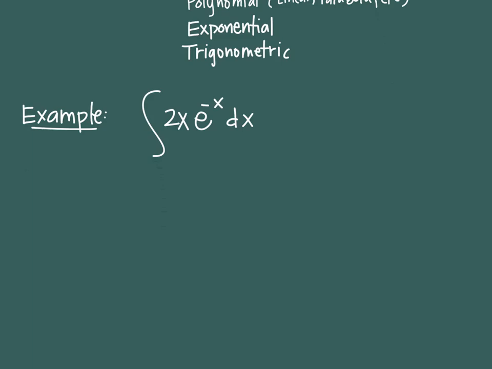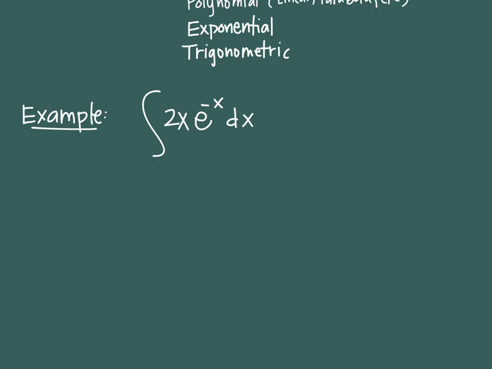Now, according to the LIPET test, what would you identify as your U in this case? L logarithms, I inverse trig, P any polynomials. What's the polynomial? Not just x, 2x. 2x is the polynomial. It's a linear piece. e is an exponential, which comes after polynomials.